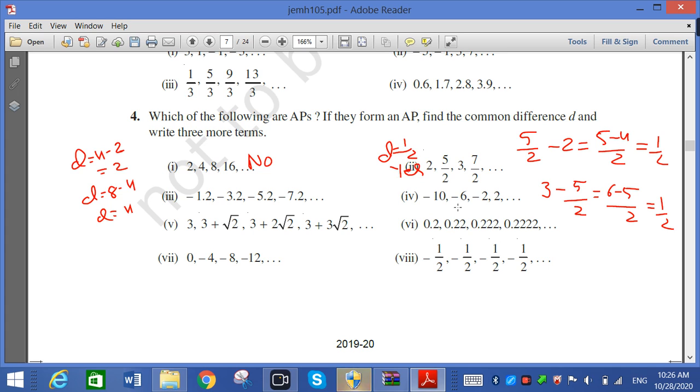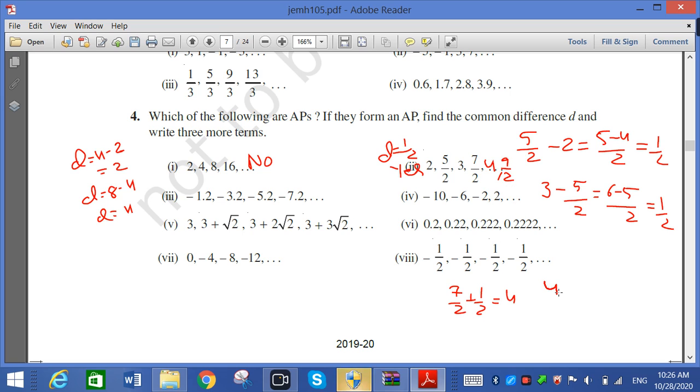If it is yes, we have to find out 3 more terms. So you will see that to 5 by 2, d half is added, and we get 3. Now if half is added to 3, we get 7 by 2. Then adding half again, we can get 4. So here it is 4. Then what do we have to write? 4 plus half is 9 by 2.